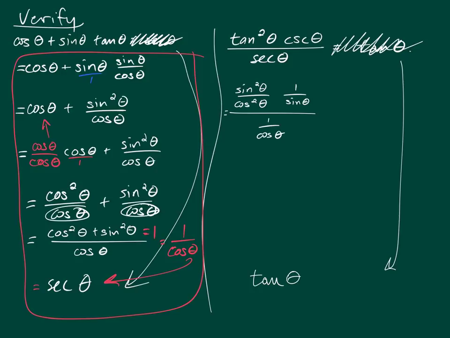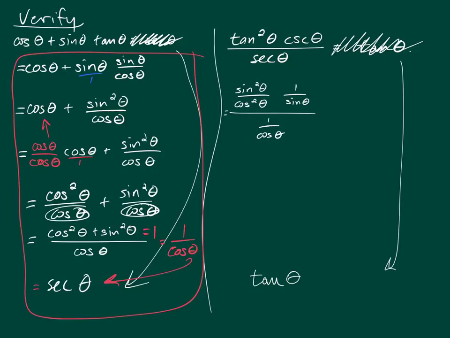And a tangent squared, well, first of all, tangent is sine over cosine, but if it's squared, then the sine and cosine each get squared. Cosecant is 1 over sine, secant is 1 over cosine. Now, you might want to start with something like, oh my goodness, there's a cosine squared here and a sine and a cosine in this little denominator, and I want to multiply everything by cosine squared sine.